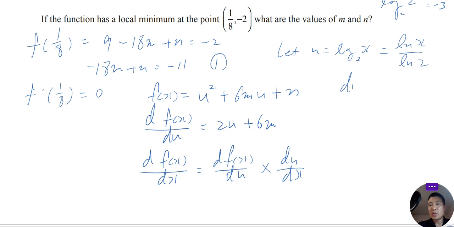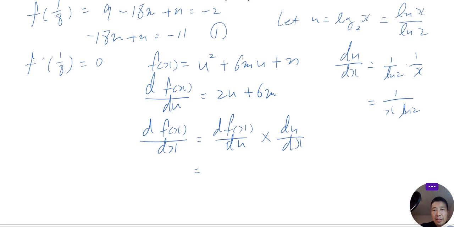So du over dx is what? Well, that one can be just the constant 1 over ln 2, and natural log x becomes 1 over x, isn't it? So I'm gonna write it this way, x ln 2, right? So we plug them in.